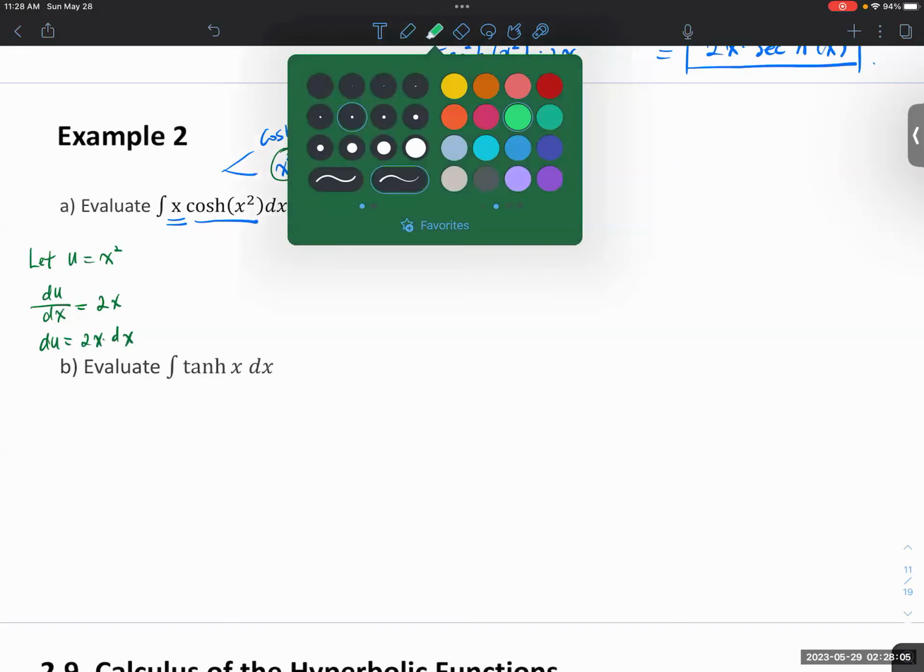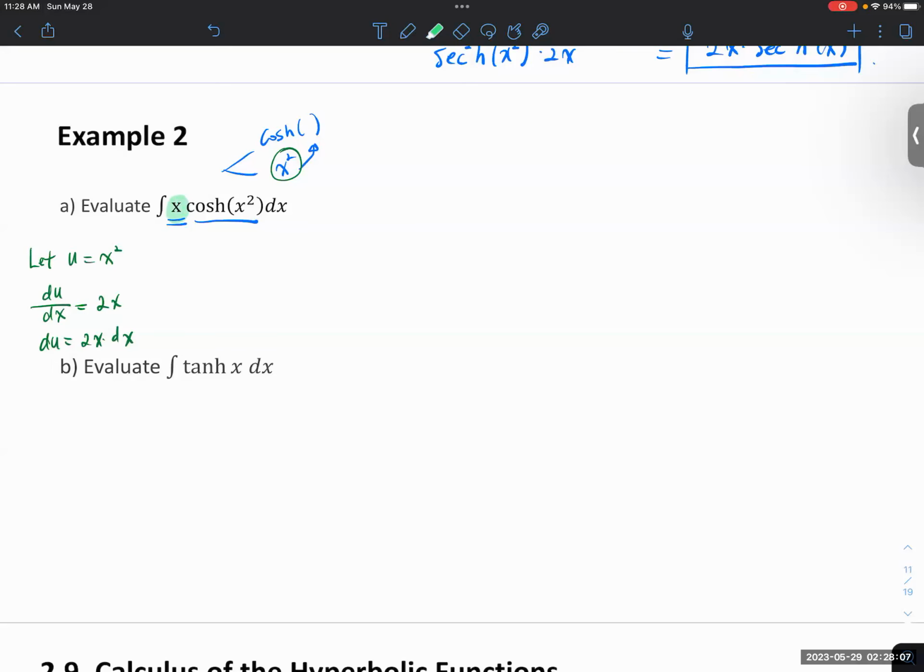I want to convert x times dx in terms of the u variable. So all you need to do from here is divide by 2. So du over 2, 2 divided by 2 is 1. So we found that x times dx is 1/2 du. So now the integral is cosh(u), where x² is u, and x times dx is 1/2 du.